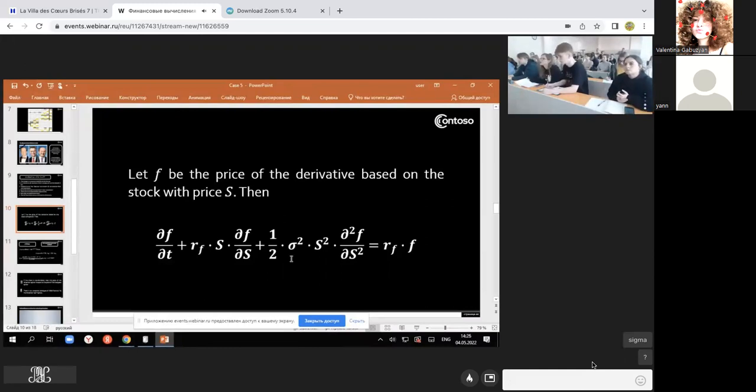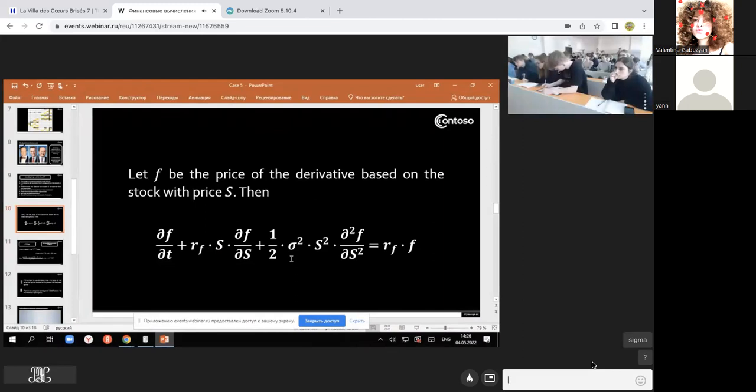Yes, we don't have the expected return. If we don't have the expected return, what does it mean exactly? No, it means we are not taking into consideration the risk appetite of the investor. We don't take it into consideration.